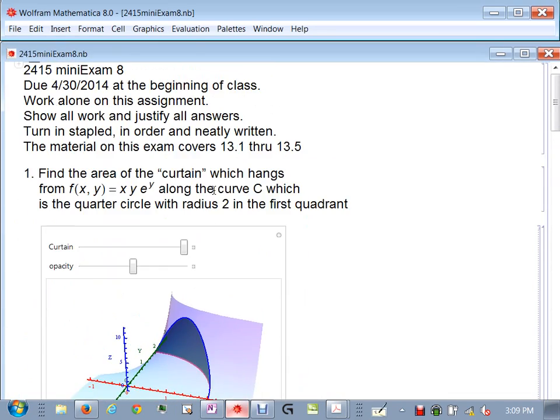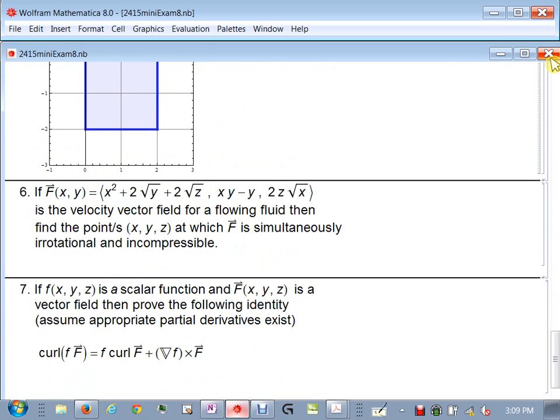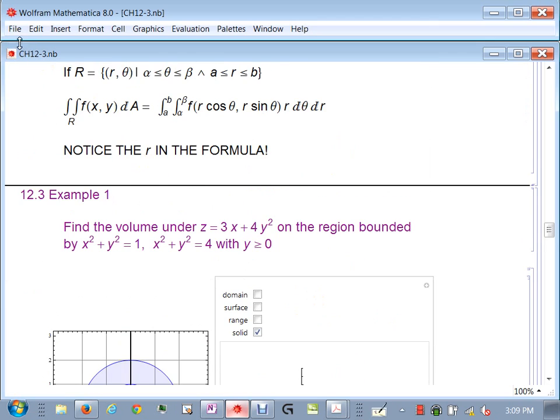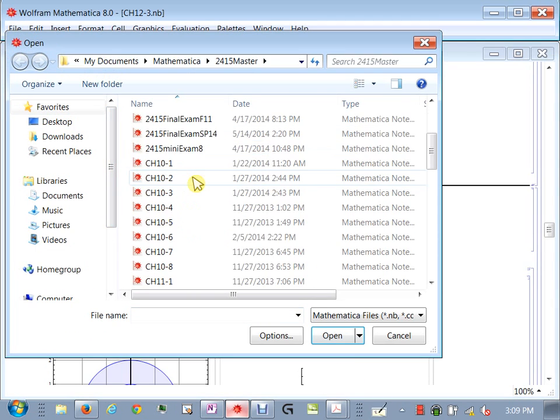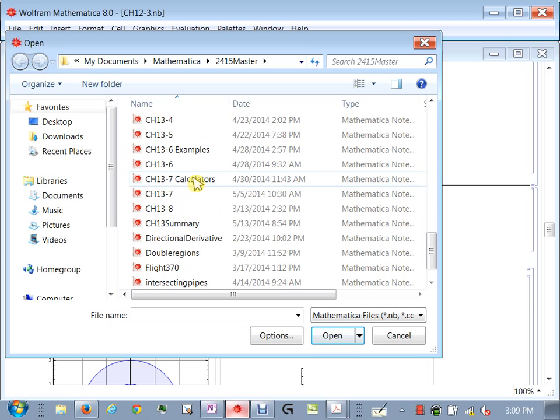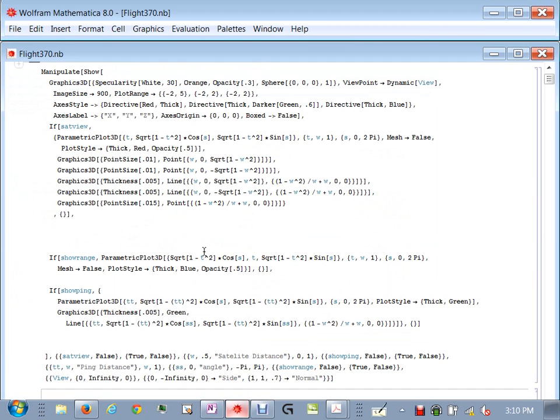That's your last mini exam right there. No, this one that I just opened. Where is it? I may not have the picture here. Flight 370, what the hell is that?